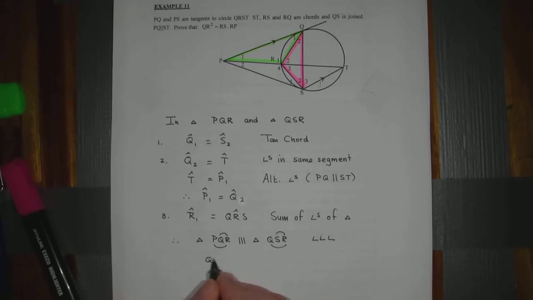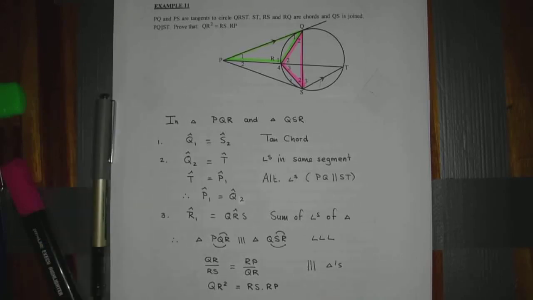I can say QR there over RS is then equal to PR, or RP, over QR, and that's going to be similar triangles. And then if I multiply across, I get that QR squared is then equal to RS times RP, and I'm done.